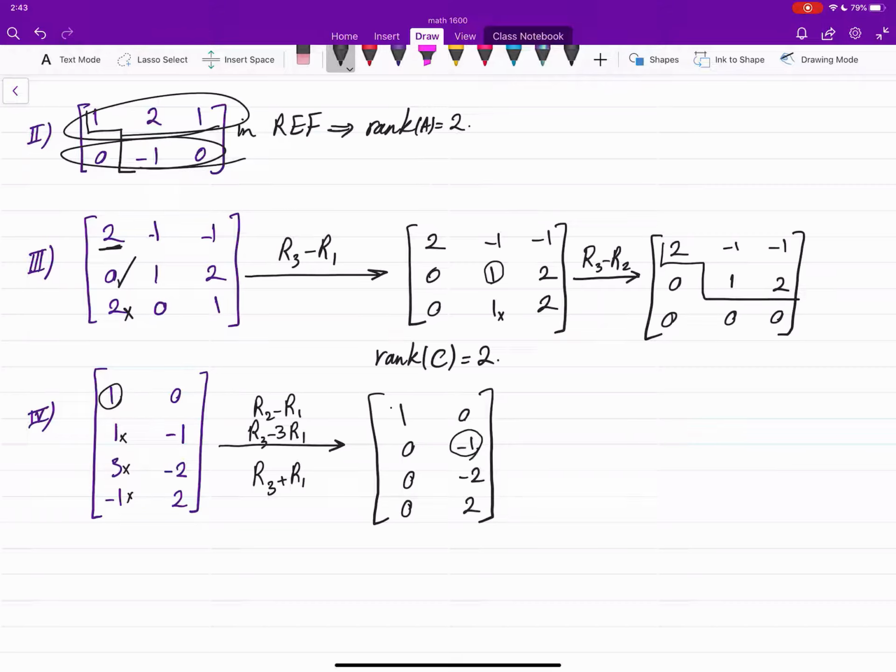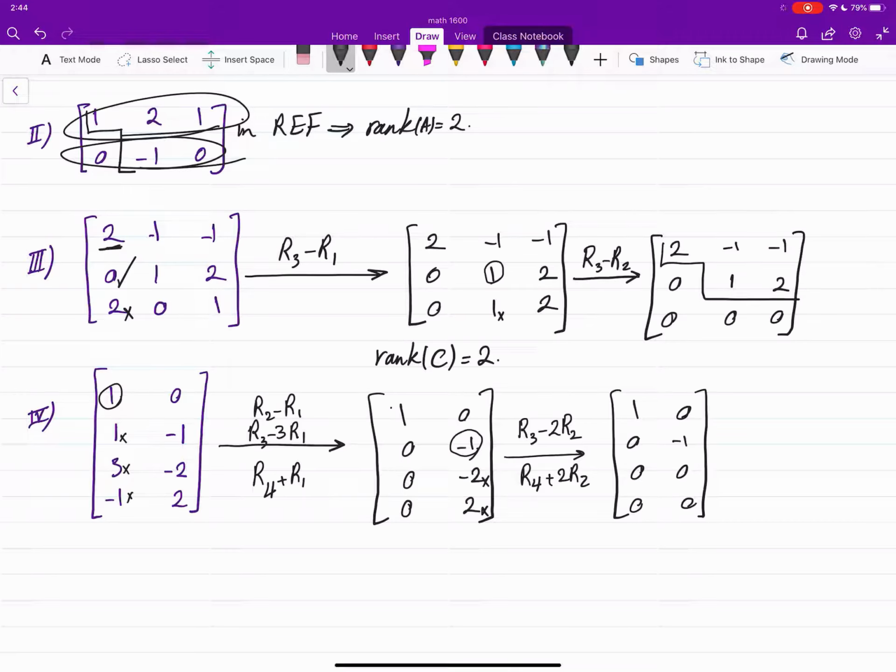Now I can choose this one and make this 0. Here, this must be R4, and this one is R4 plus 2R2, and R3 minus 2R2. R1 and R2 we don't change. These two will make this guy 0, this guy 0. Now it is in row echelon form.